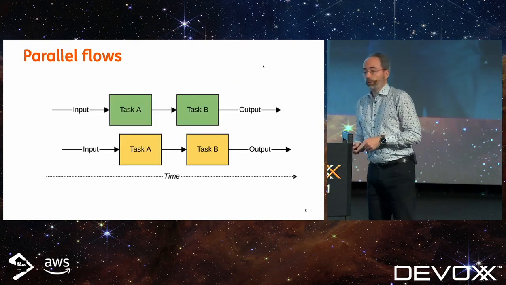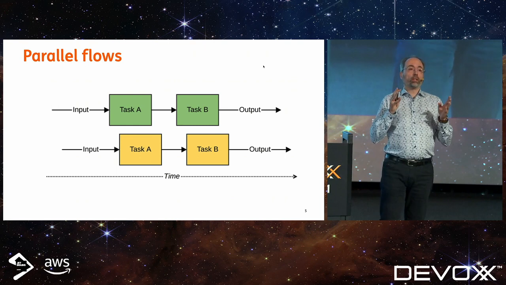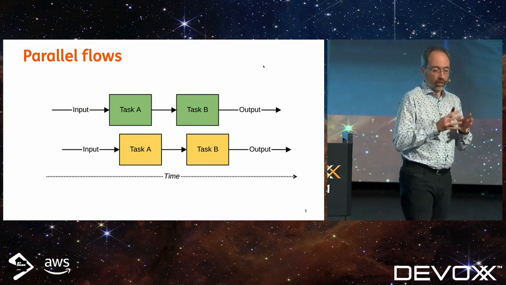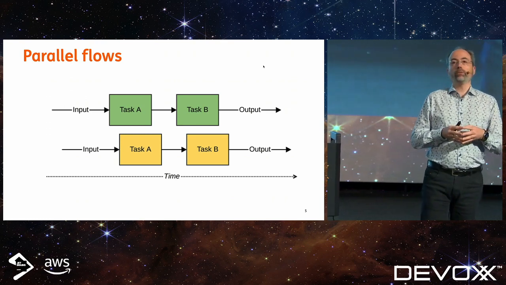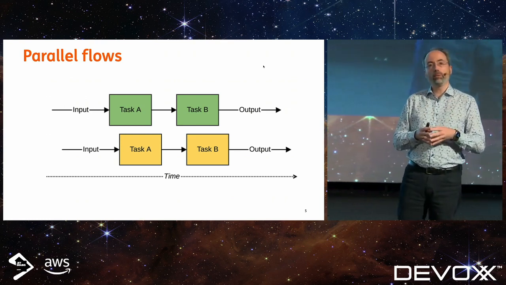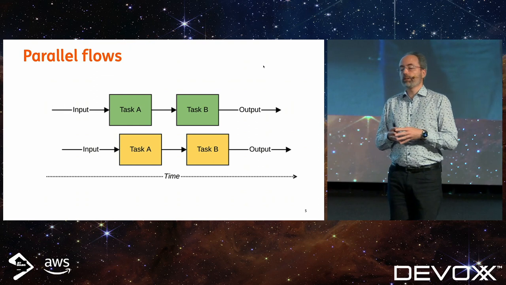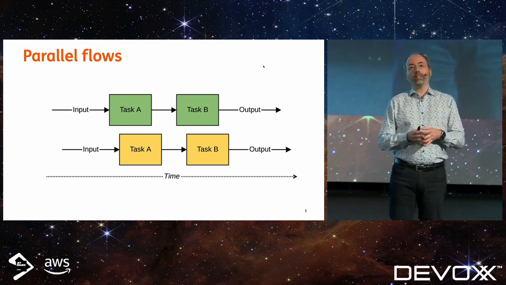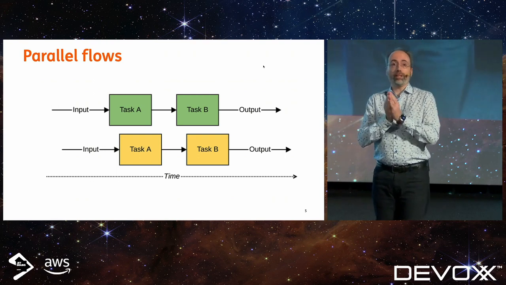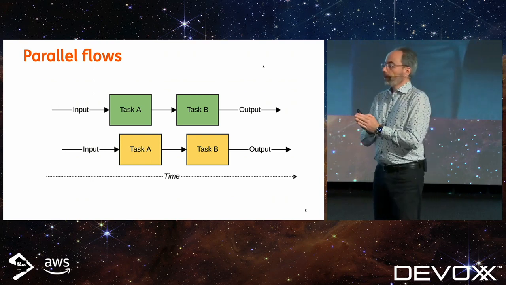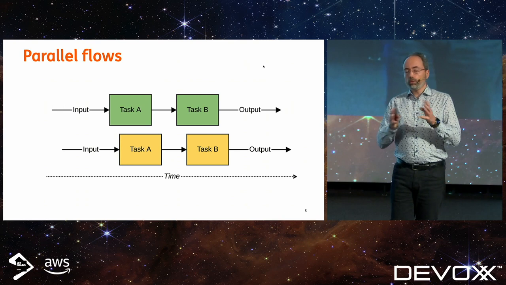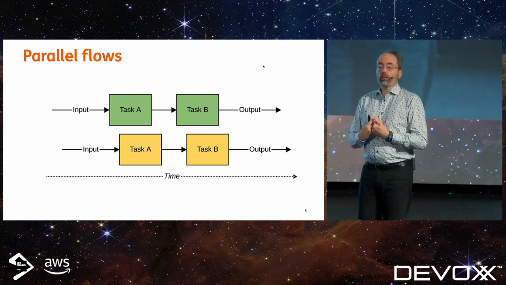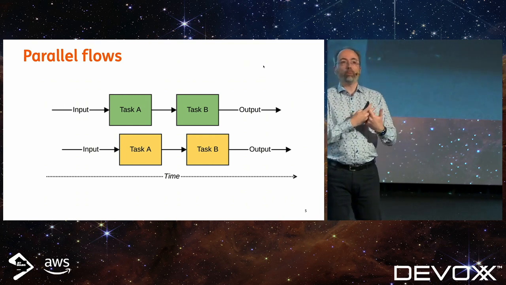The other kind of flow is the parallel flow. Now, in this case, we have different tasks being executed at what looks like to us, humans, the exact same moment in time. From the machine's point of view, that may not be exactly the case, but as far as we are concerned, it happens in the exact same moment in time.